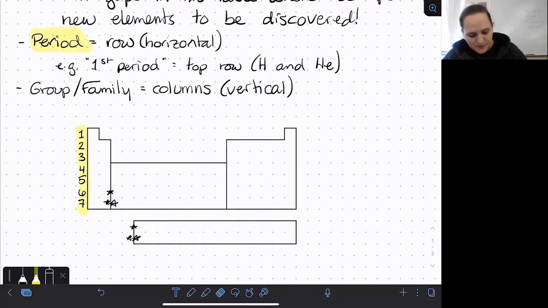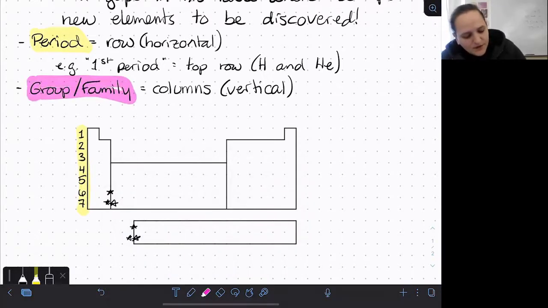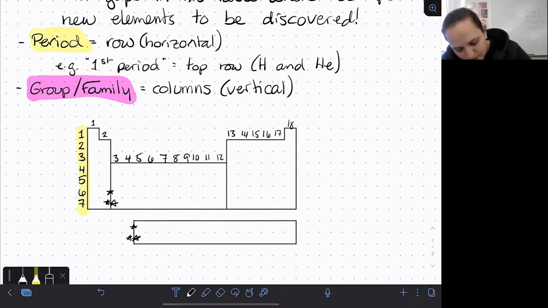So for groups and families, those are going to be our columns, so we're going to number them across the top. And again, there are a few different systems for numbering the families, which is a little bit unfortunate. The simplest one is literally just numbering left to right all the way across, which gets us to 18.